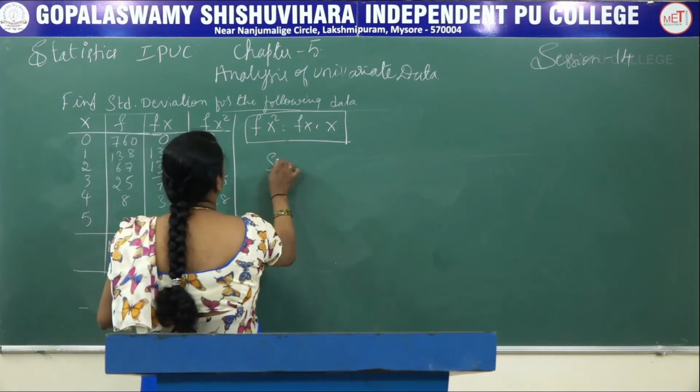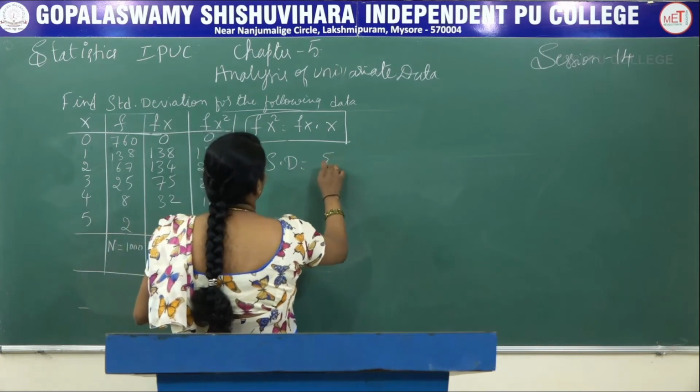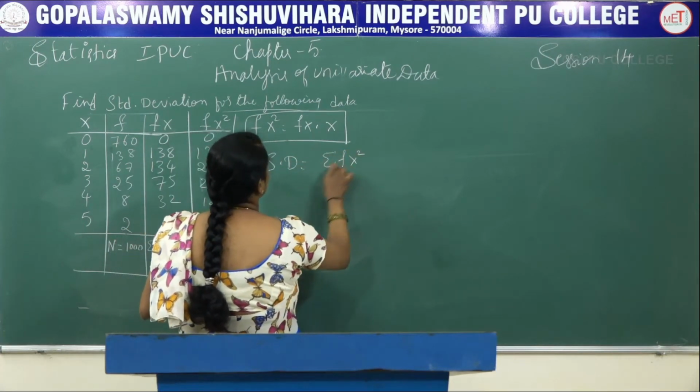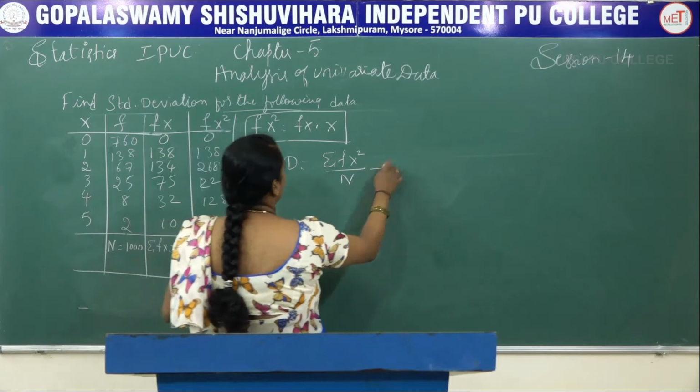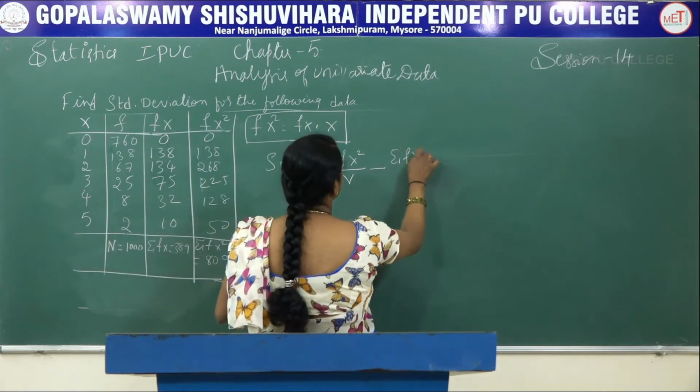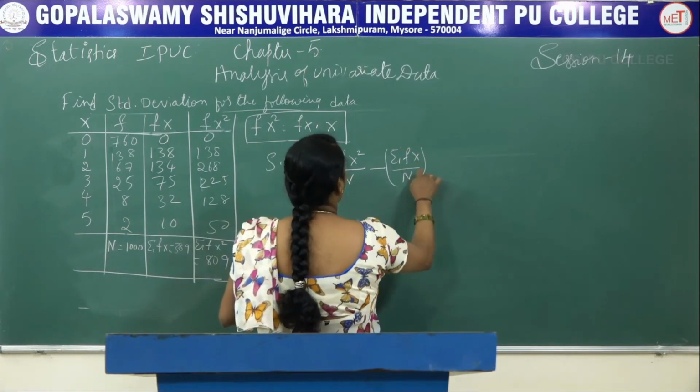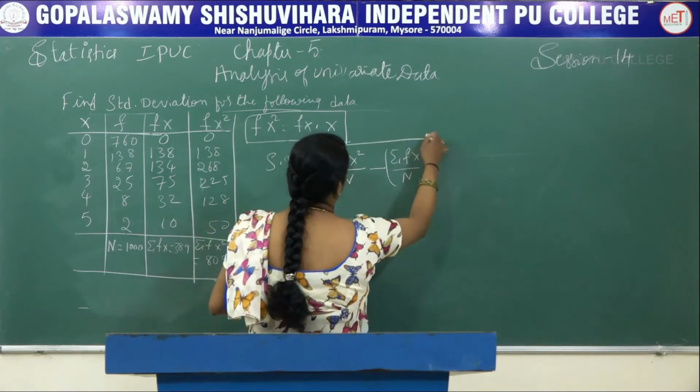The formula to find standard deviation is the square root of summation of fx square divided by capital N minus summation of fx divided by capital N whole square.